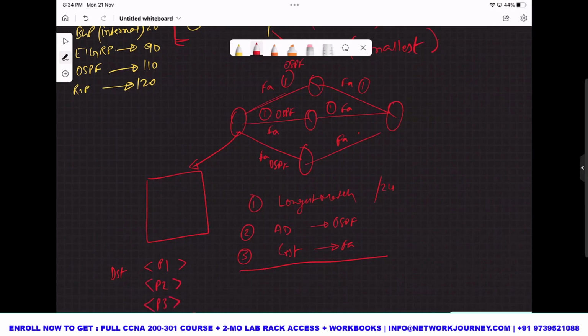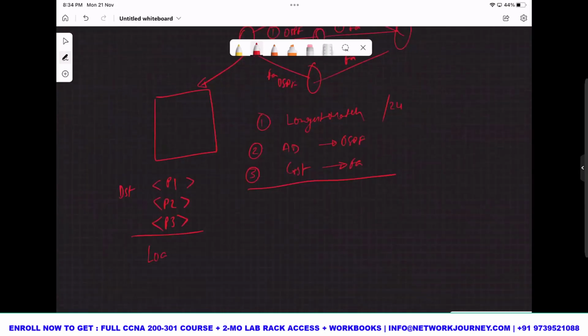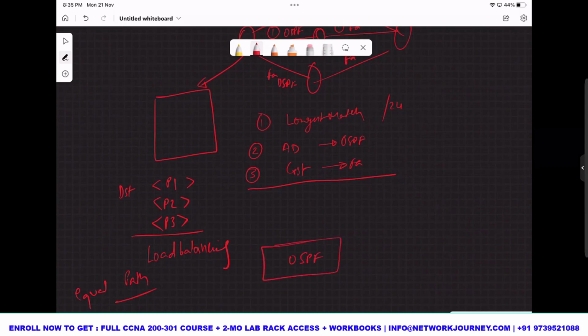This is called the concept of load balancing, equal path load balancing. OSPF supports that. So if one route went via this, the next would go via this, the third via this.